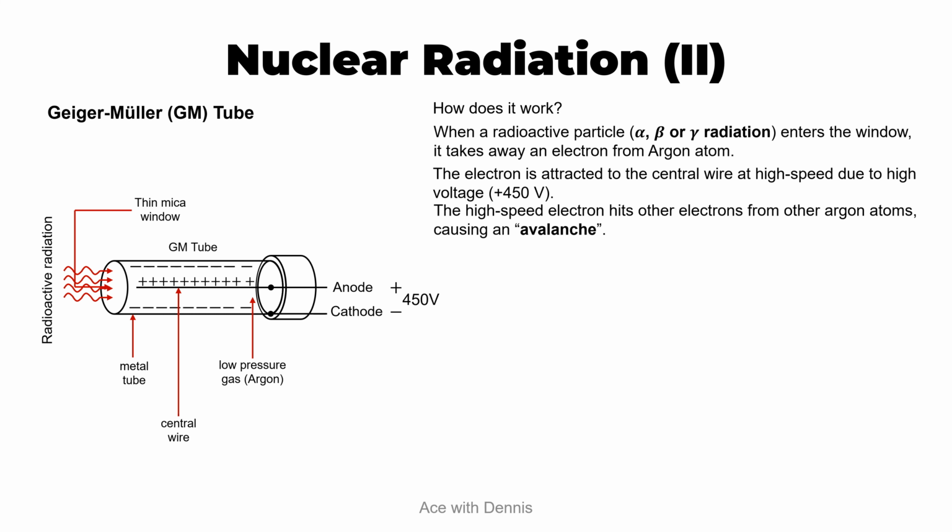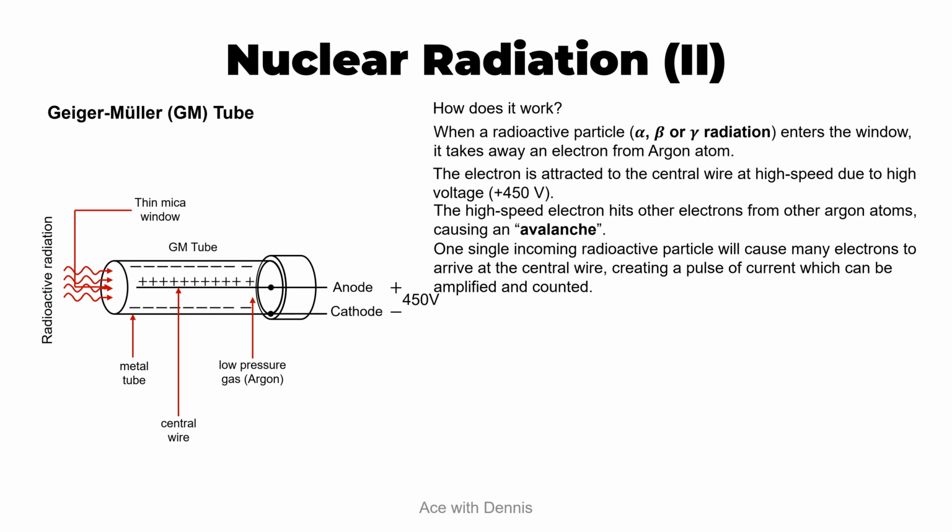The high-speed electron hits other electrons from other argon atoms, causing an avalanche. One single incoming radioactive particle will cause many electrons to arrive at the central wire, creating a pulse of current which can be amplified and counted.